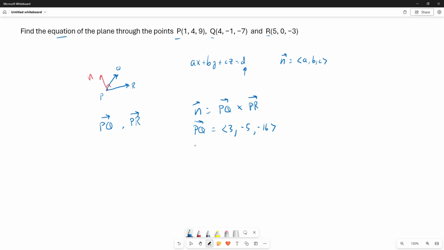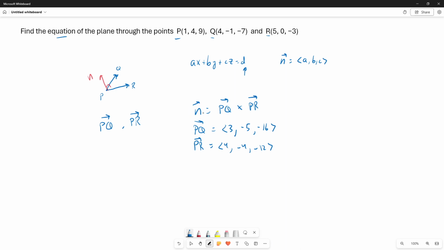And the vector PR is (5 minus 1), (0 minus 4), (-3 minus 9). And just to make our calculations a little bit simpler, we could scale this vector down since each of the components is a multiple of 4.